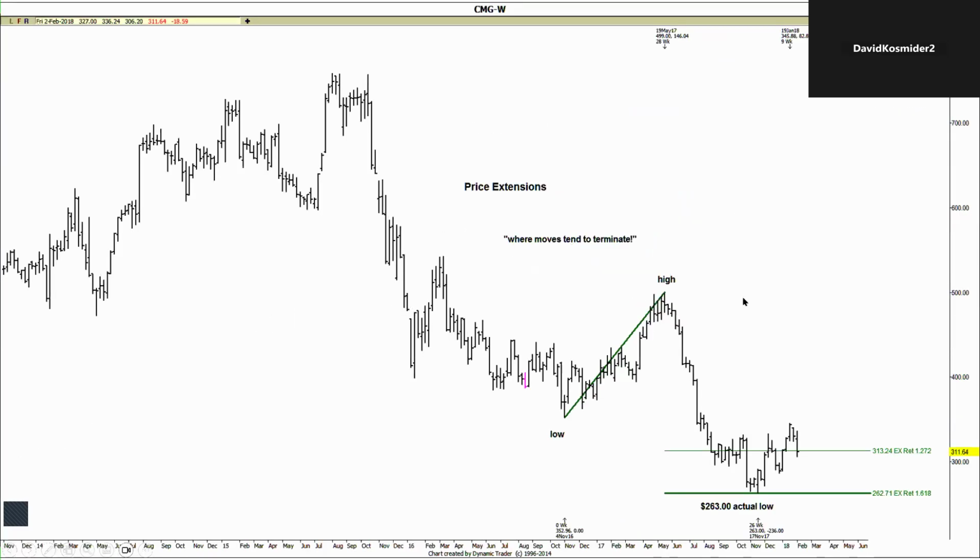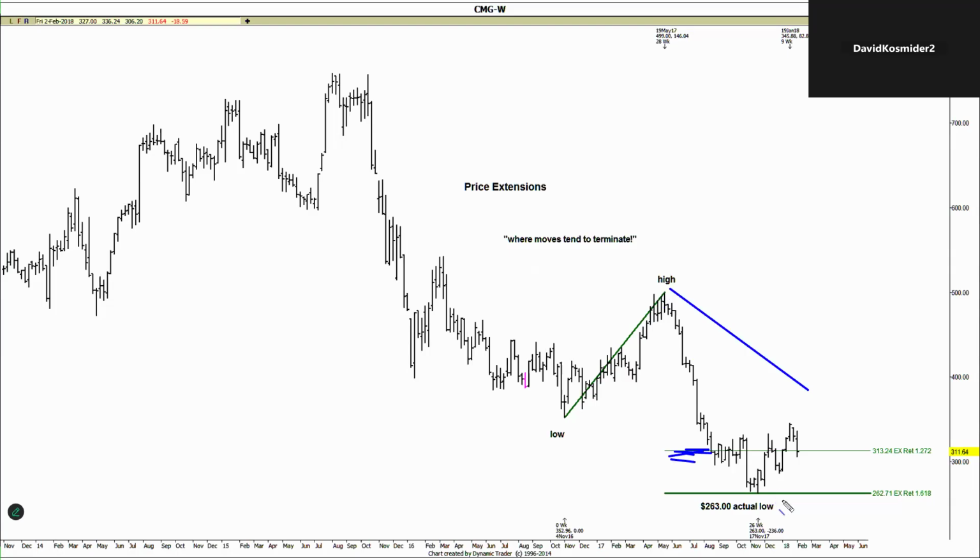All right, now we have price extensions the other way. This is definitely an old example, but this was CMG, a weekly chart. And when this market was going straight down, what did you want to know? Well, when might we make a low? So I did run the extensions and nothing happened at the 1272. It may have stalled for a few minutes during the day.